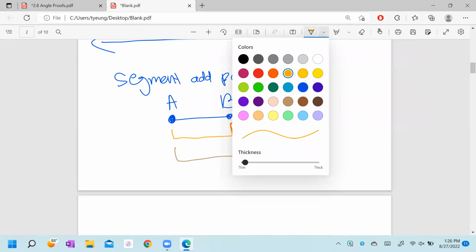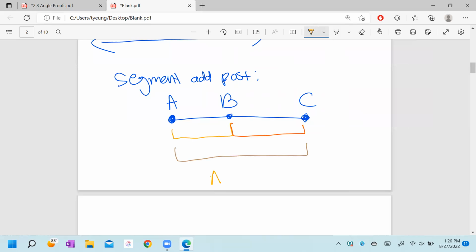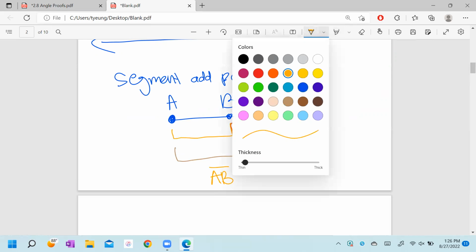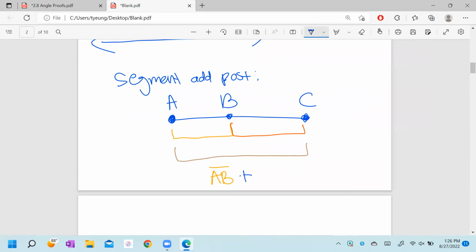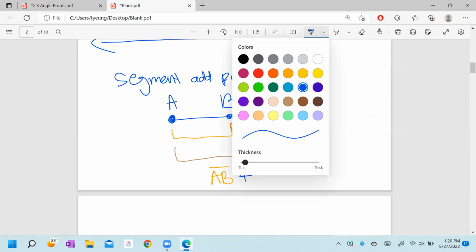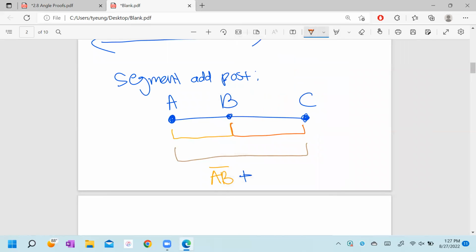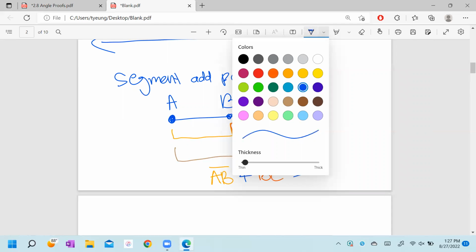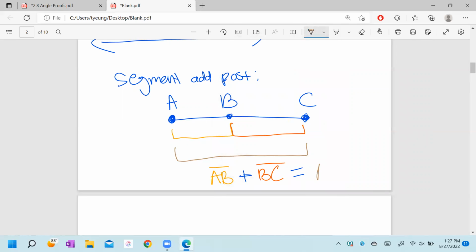So once again, segment AB plus segment BC is equal to our entire line segment of AC. This is my segment addition postulate.